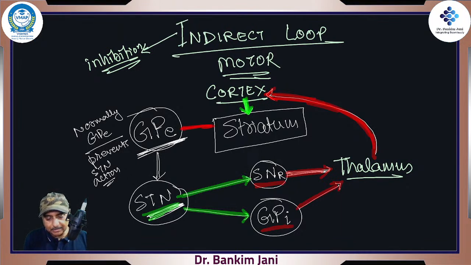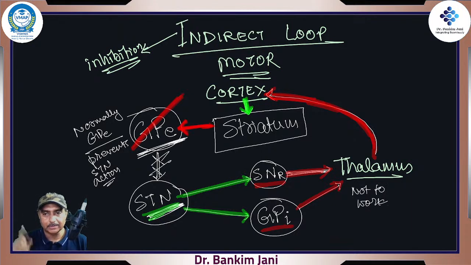It tells GPE, don't work, you remain silent. When he remains silent, that means this particular track is closed. It means now this STN is in full form, right? He tells substantia nigra and GPI, "jao, jaake tell thalamus not to work," and that leads to this inhibition of the movement.